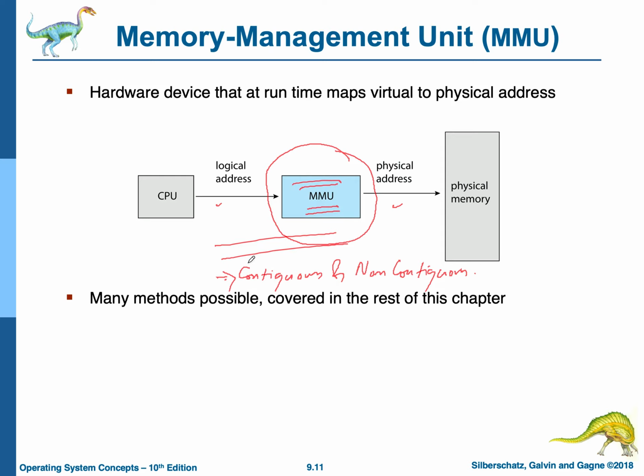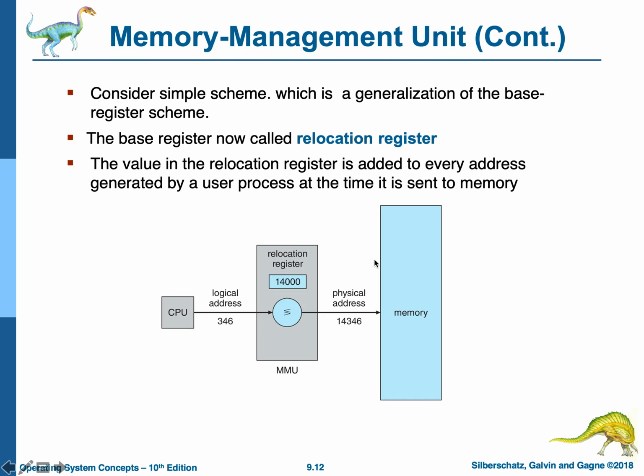There are two types of memory allocation schemes, basically contiguous and non-contiguous, which I have already shown you in the introductory slide. Okay, so now how is this memory management actually achieved?